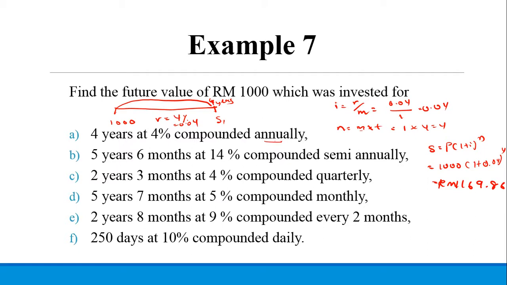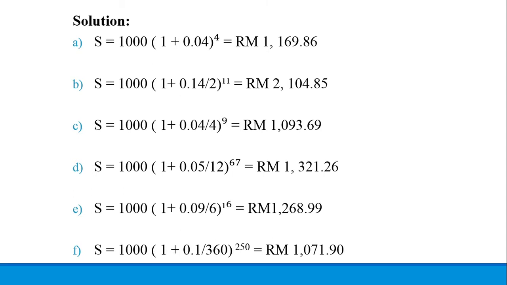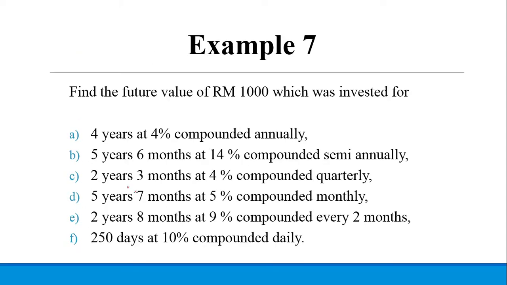Now I will show you another example, let's say number E first. For number E, 2 years 8 months at 9% compounded every 2 months.